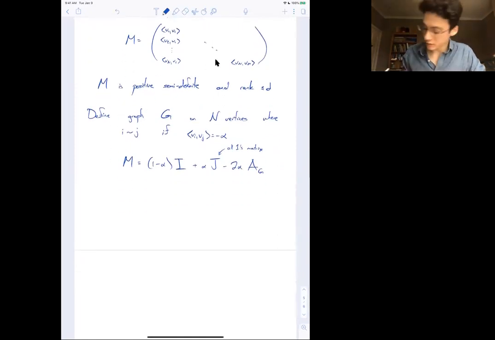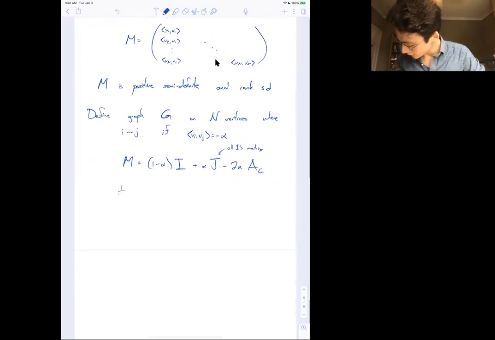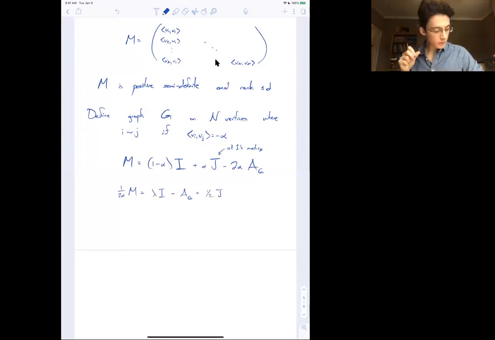And let me rearrange this to get into a slightly nicer form. All I'm going to do is divide through by 2 alpha, and set this value of lambda, which mysteriously showed up in the introduction. This is in the theorem statement. This is where it comes from.